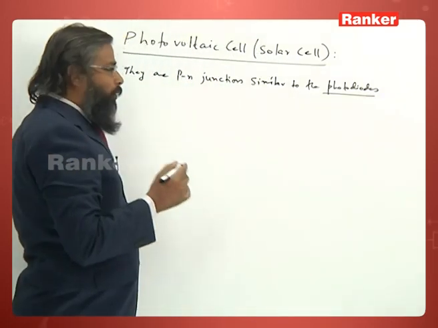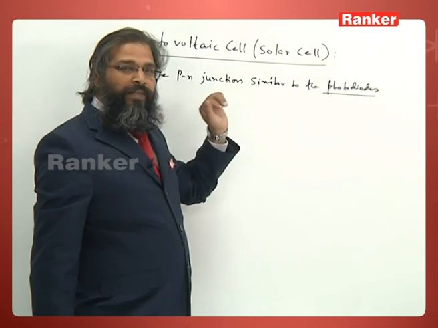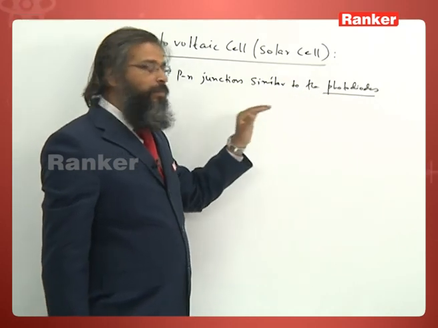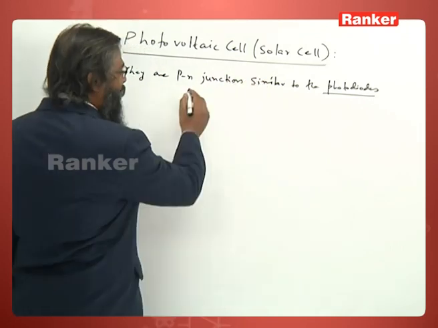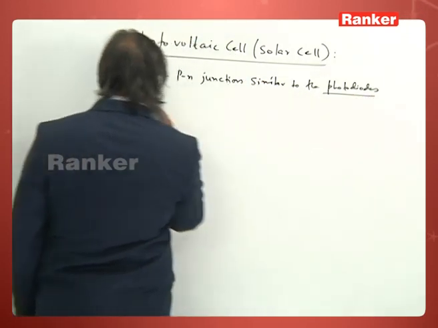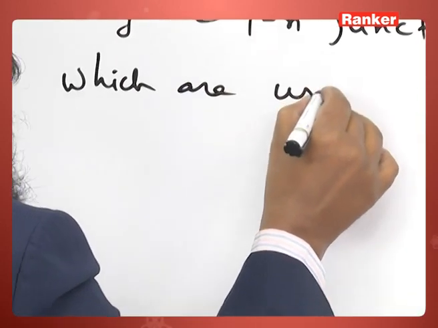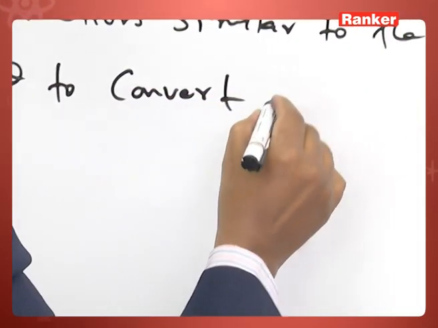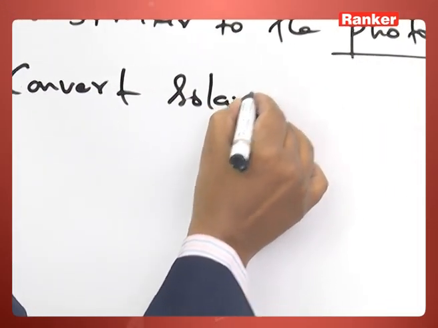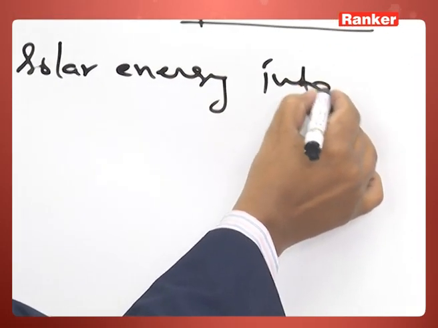You see, photodiodes are used to detect light and are always reverse biased. This is not reverse biased. In fact, there is no biasing in the solar cell. So, they are PN junctions similar to photodiodes, used to convert solar energy or light energy into electrical energy.